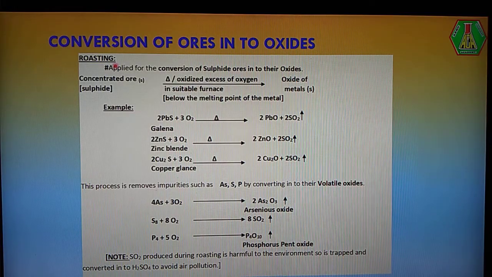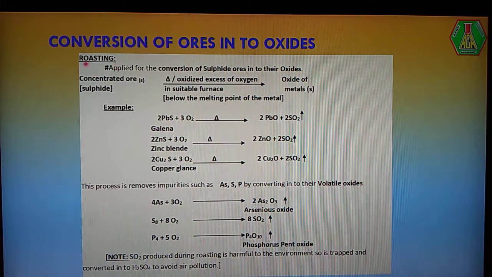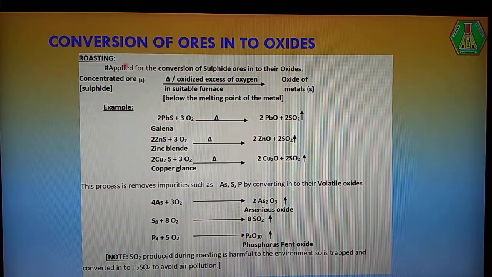In the selection of a furnace, it may depend upon the ores. So here we are first taking a concentrated ore into a suitable furnace and heating gently. That's why the process is called roasting. Roasting is nothing but a gentle heating process.